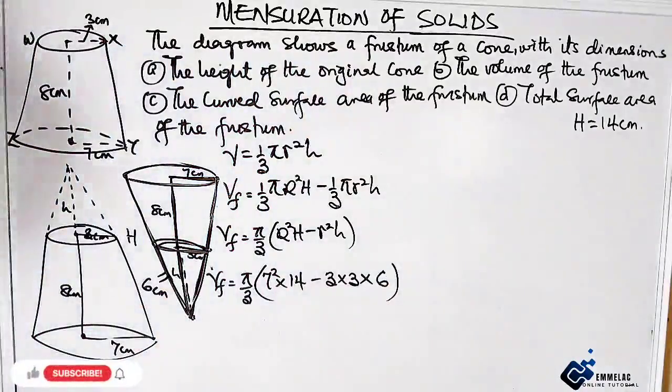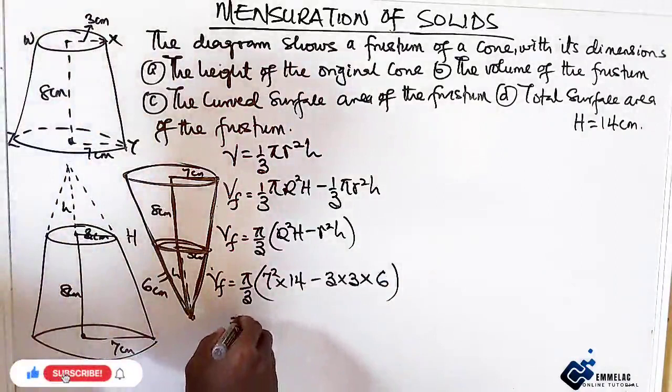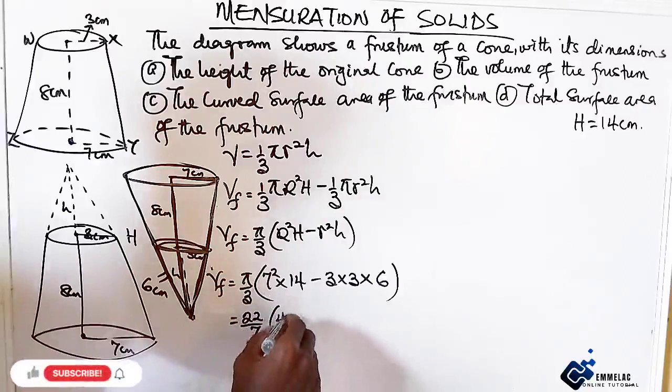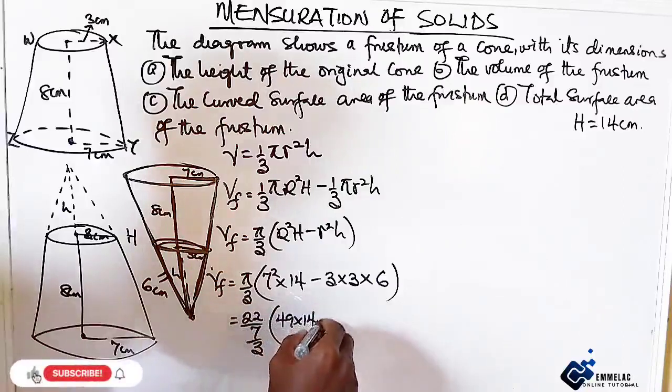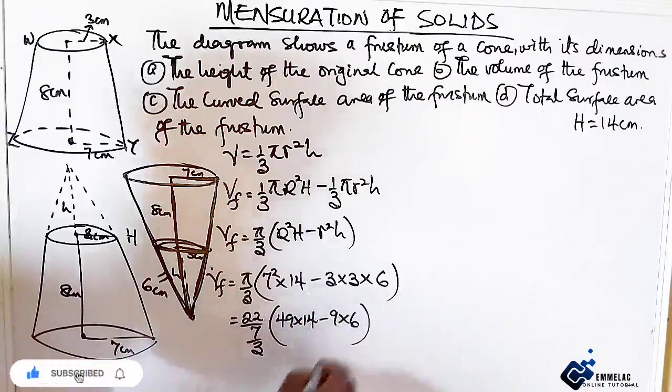Okay, so here we have 22 over 7 divided by 3 into 49 times 14 minus 9 times 6.